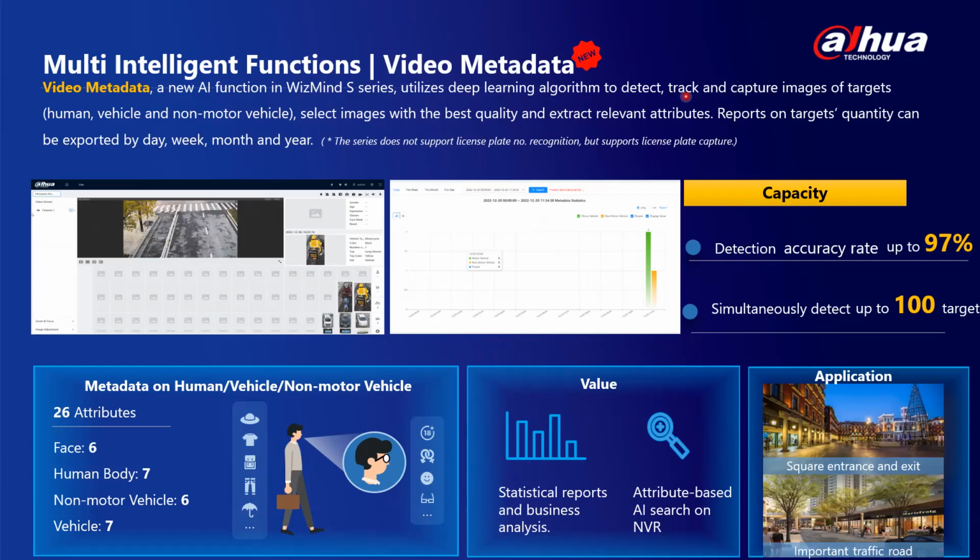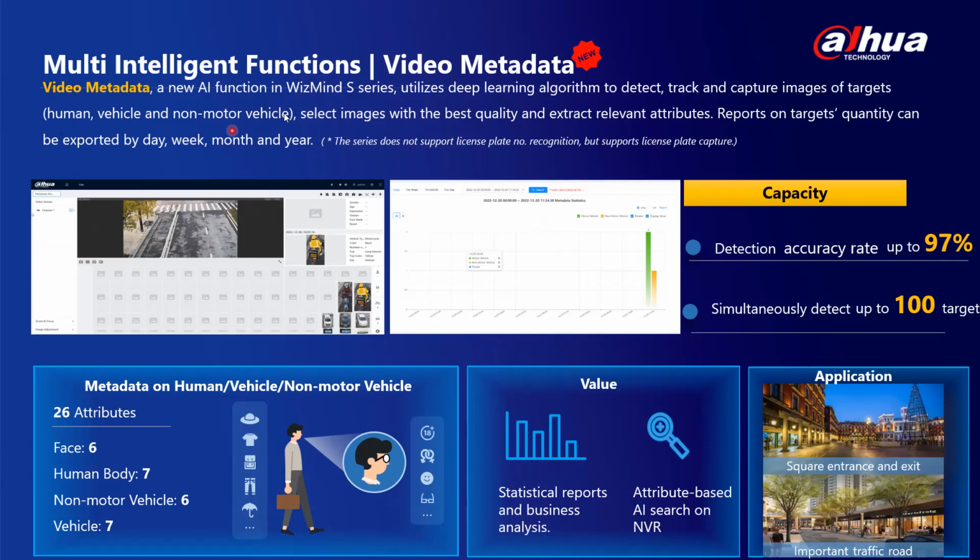Those targets can include humans, vehicles, and motor vehicle targets. It selects images in the best quality and extracts relevant attributes. Reports on target quantity can be exported by day, week, month, or year.